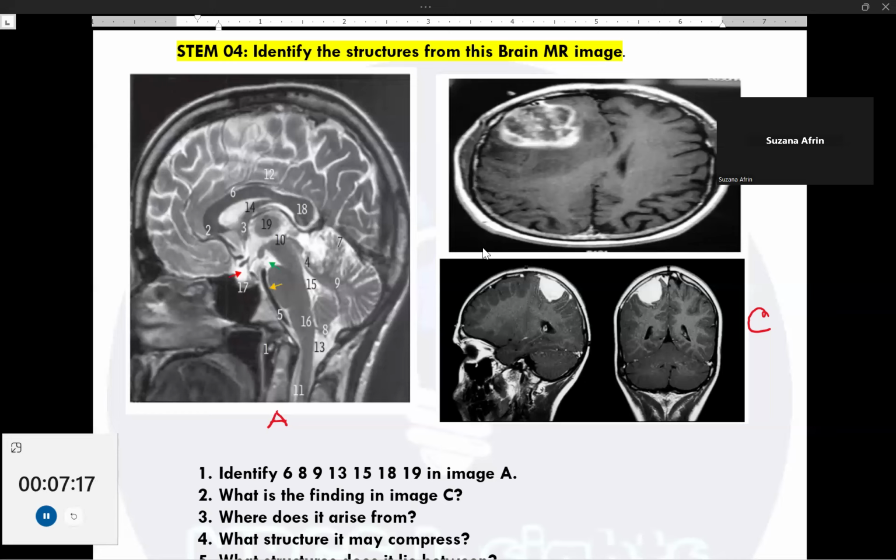Meningioma, sorry. Can you tell me where this meningioma arises from? This arises from the arachnoid capsules, the arachnoid villi. Excellent. So what structures may it compress? It may compress the superior sagittal sinus above, and also it can compress the cerebral hemisphere and motor area. Okay, so what structures does it lie between?